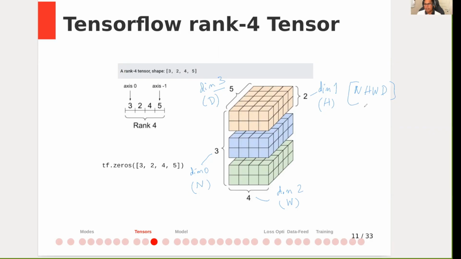So this is the default format of TensorFlow, NHWD. This is a little bit different from the format used in PyTorch, for example. In PyTorch, the format is NDHW. So this is the PyTorch format, and this format is not used in TensorFlow.